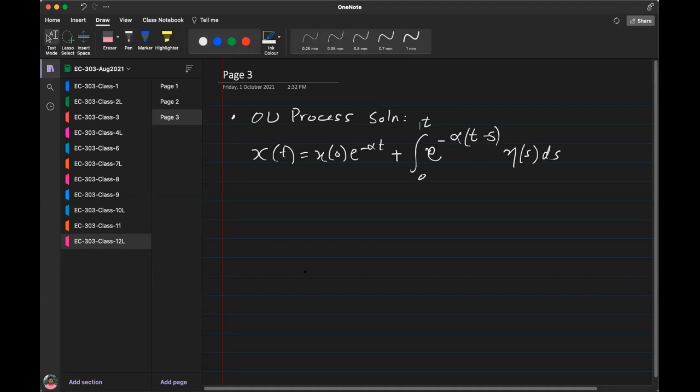I hope I didn't miss any term. That looks good. So let's now find the mean value of the state variable, x of t.